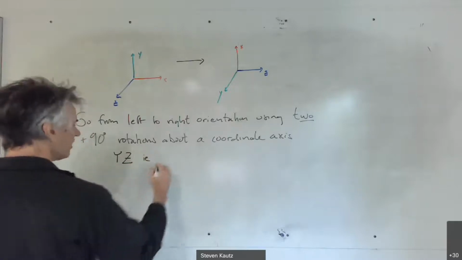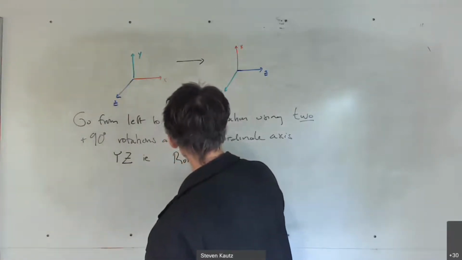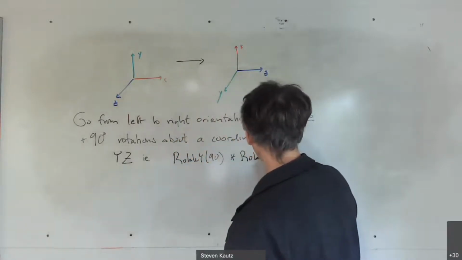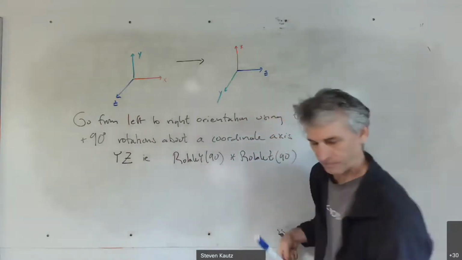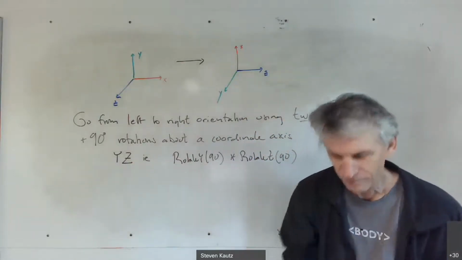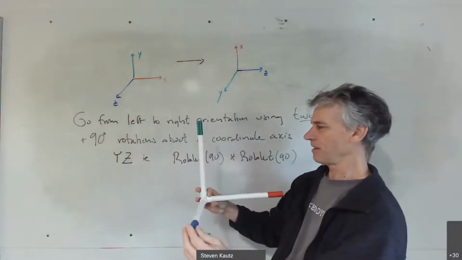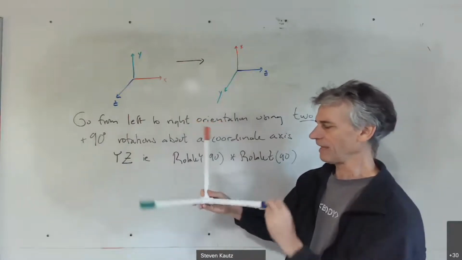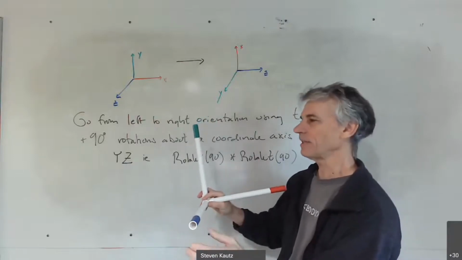And by this, I mean, we're going to compose rotate y 90 times rotate z 90. You buy that? Right, that I do a z rotation and then a y rotation. It's sometimes easier to think of doing these intrinsically.